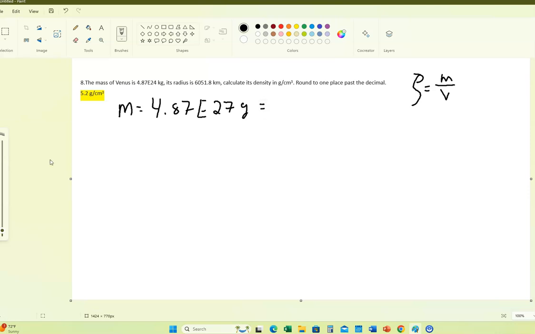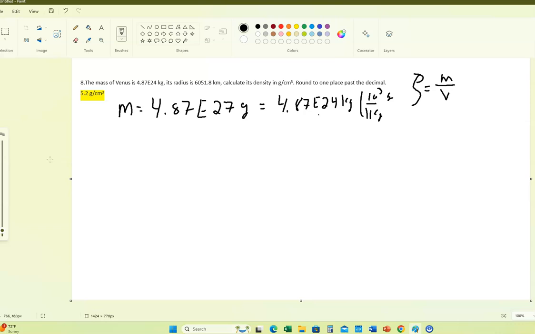So where does that come from? That is 4.87 times 10 to the 24th, and of course that's kilograms. And then you say, well, in 1 kilogram there are 10 to the 3rd grams.